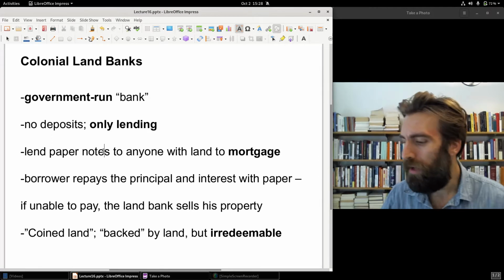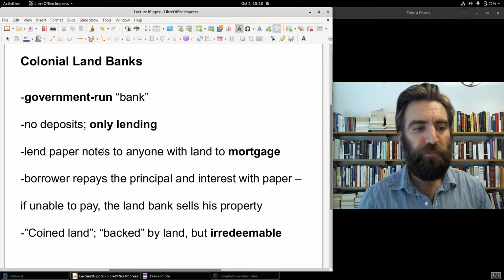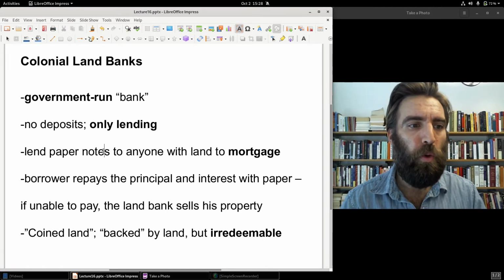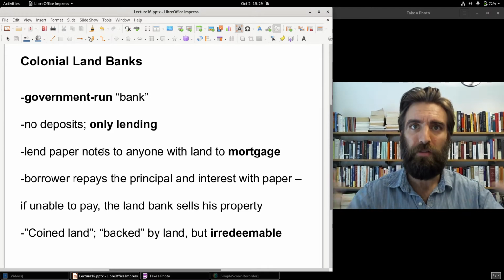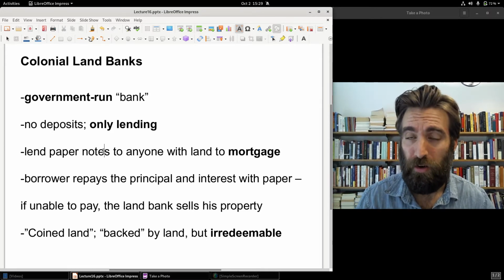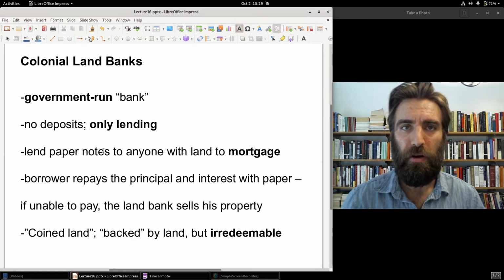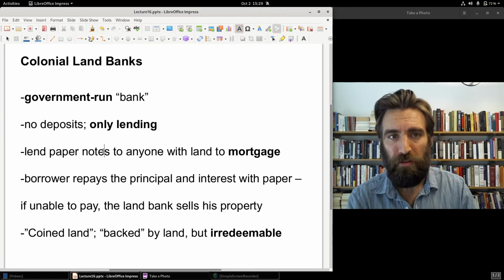Well, you might need paper notes to embark on some new project, to improve your land, all sorts of different reasons why you would want access to that currency in the short term, and then over a period of 5, 6, 7, 8 years, pay that back plus a little bit of interest.